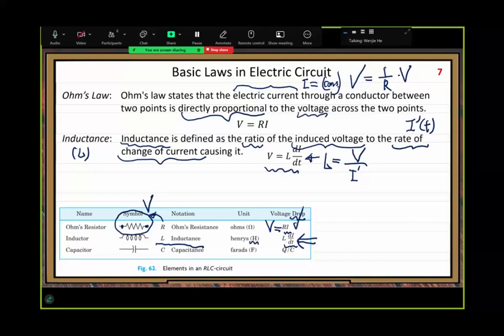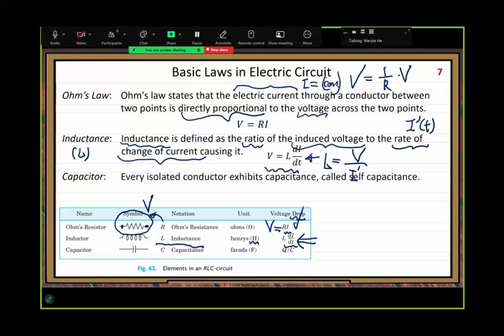Henry, another important physicist. Then the last basic law that we need to use in this class: capacitor. Then we need a related law. That is, every isolated conductor exhibits capacitance called self-capacitance.